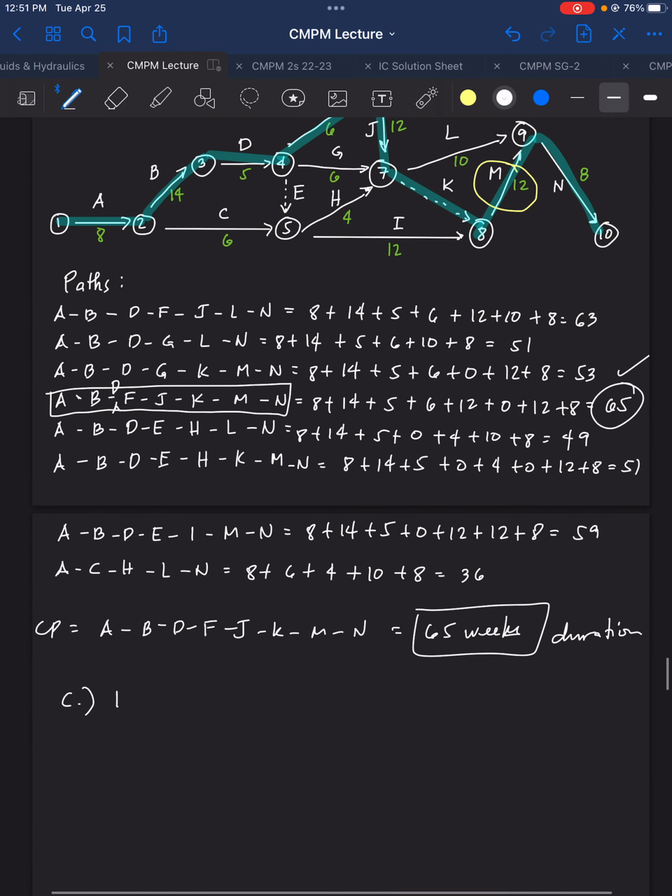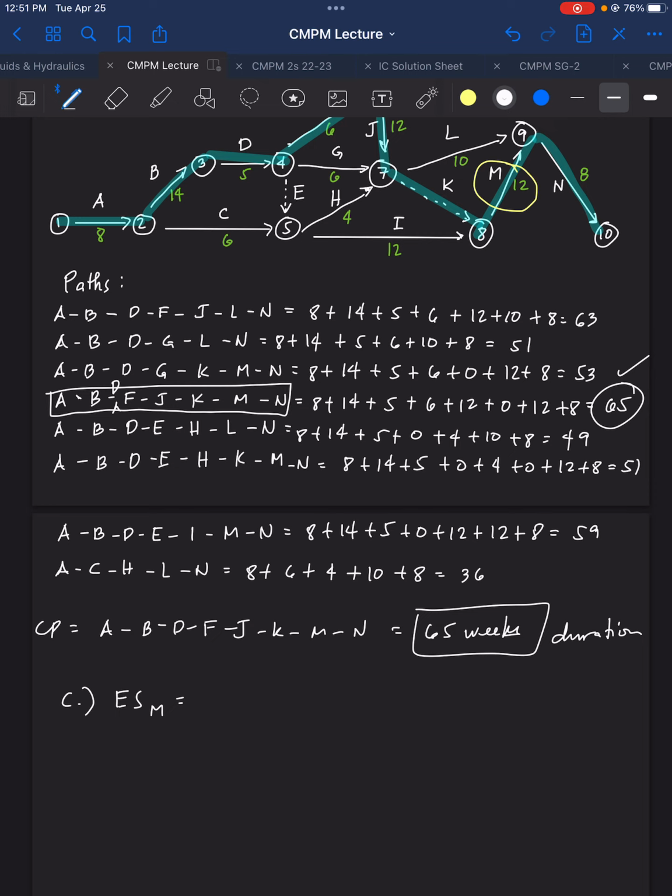So ESM. For ESM, it should be along the critical path.